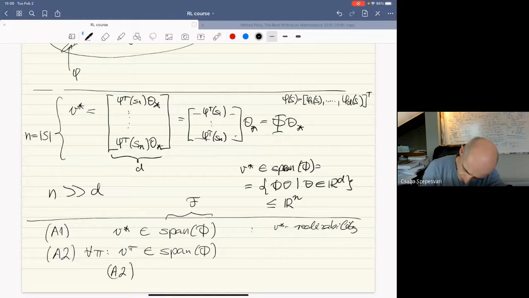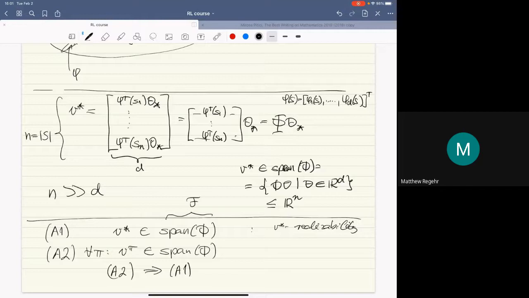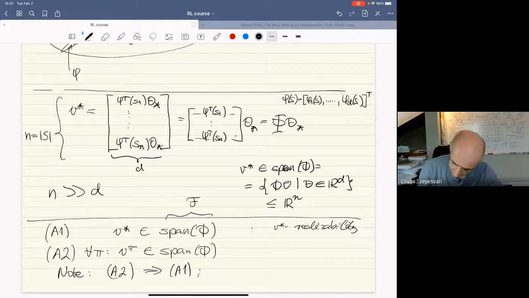So A2 implies A1. And the reason for that is what? Just because there's an optimal policy by the theorem. Right, the fundamental theorem. Well, yes, exactly. The fundamental theorem says that there exists a pi such that V pi is equal to V star.